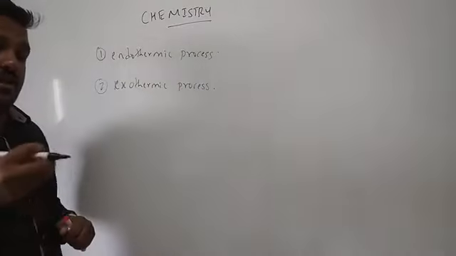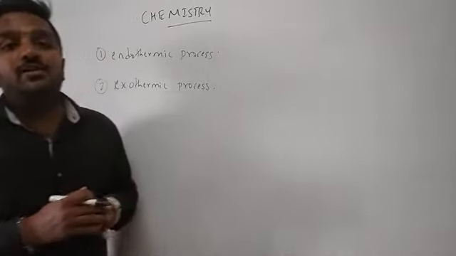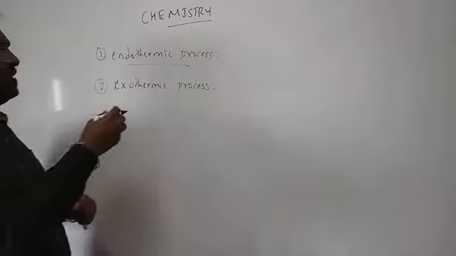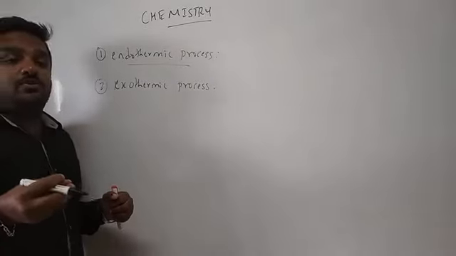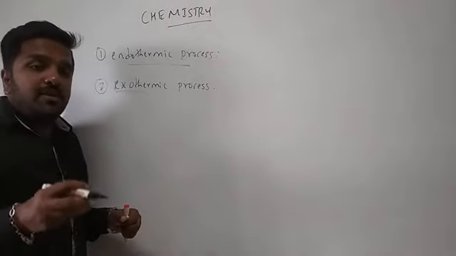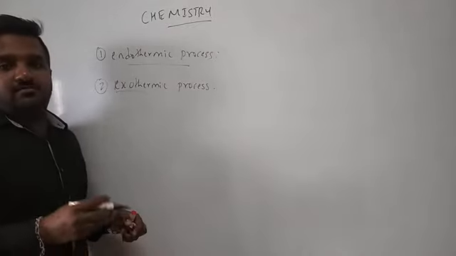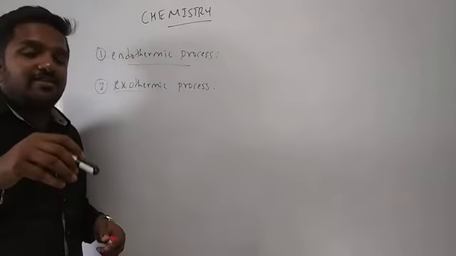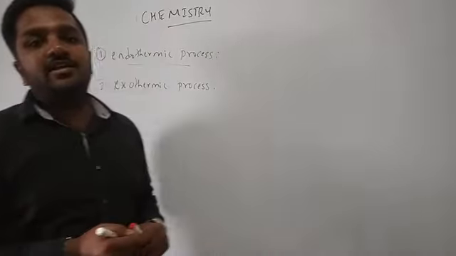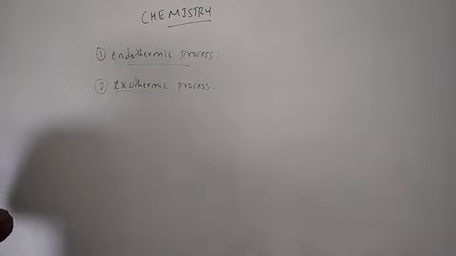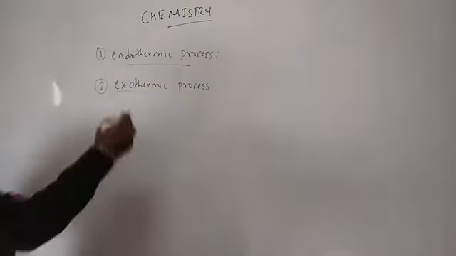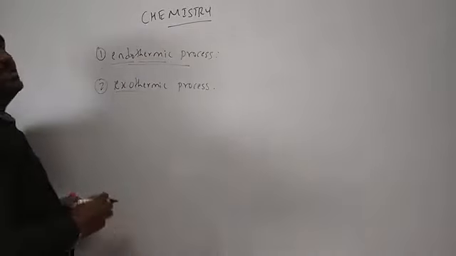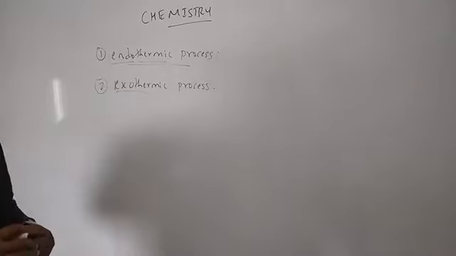Sometimes when an electron is added to a neutral gaseous atom, heat energy is liberated, whereas sometimes we have to put in some external heat energy to make the electron be added. Now let us understand these two processes. Thermo relates to heat and temperature. Endo means inside.